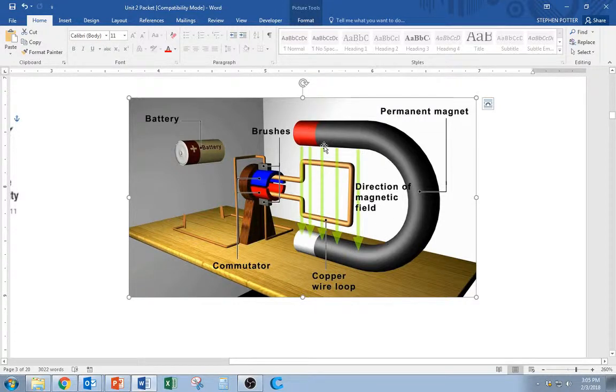We're not going to go into any of the physics about how or why this works. All we need to know is that if we can spin a coil of wires inside of a magnet, then we can generate electricity. Obviously, the more wire you have, or the bigger magnet you have, or the faster you spin the wires, the more electricity you can generate.